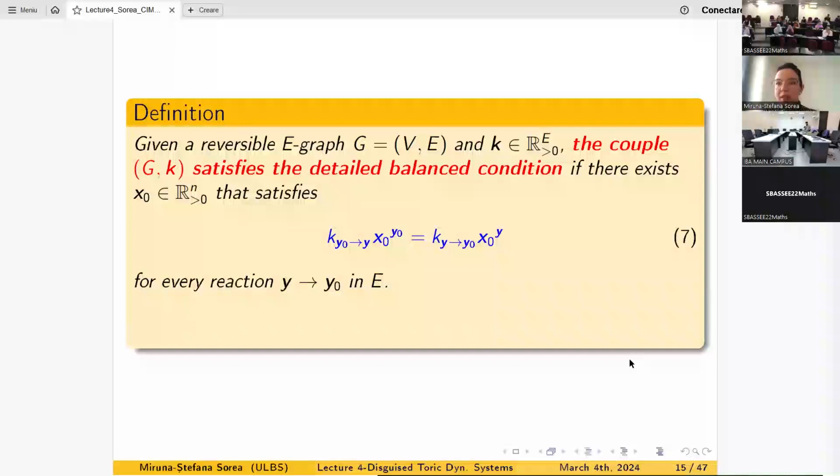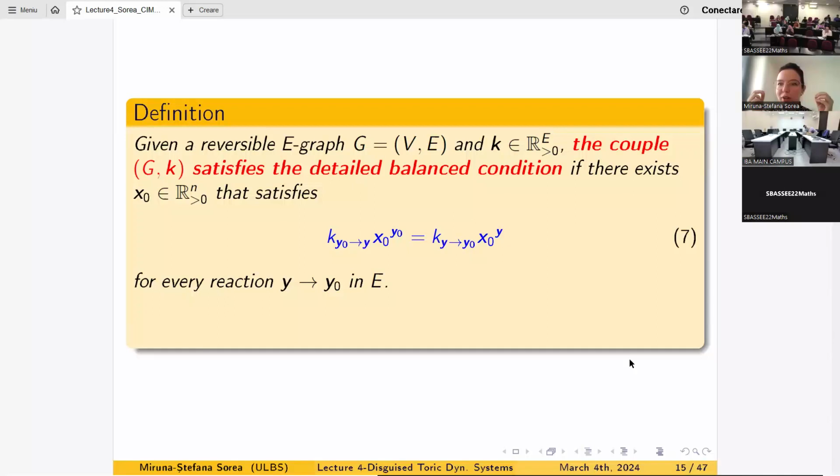Now a new notion appears, and it's not very difficult to introduce. Think precisely as we thought about the complex balancing condition, but now we consider a graph that is called reversible, in the sense that every reaction also has its reverse reaction.